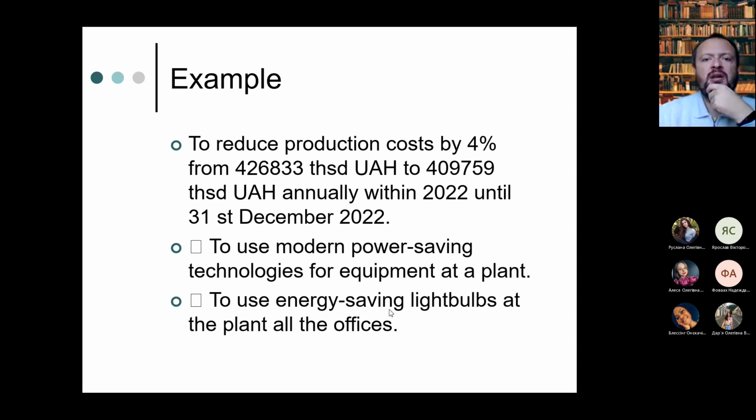To reduce production costs by 4% from 2 within some year, until some date. The first is an objective, and this objective must be supported by at least 2 tasks.